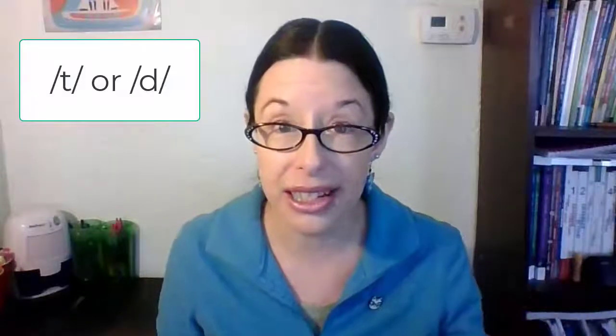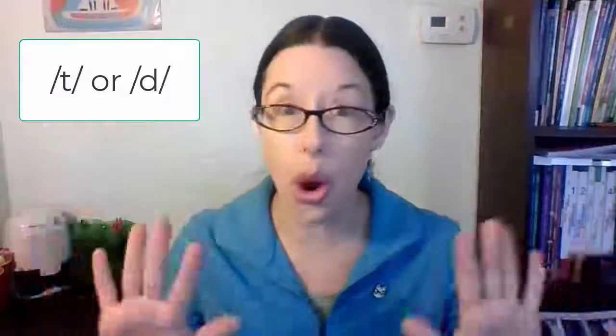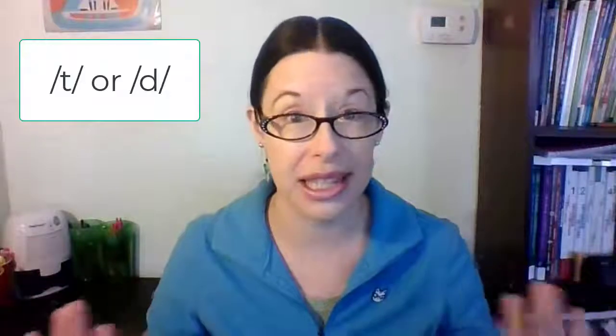So if it ends with the t or d sound, you don't add an extra syllable, but you must add that extra syllable to words that end in the id ending.